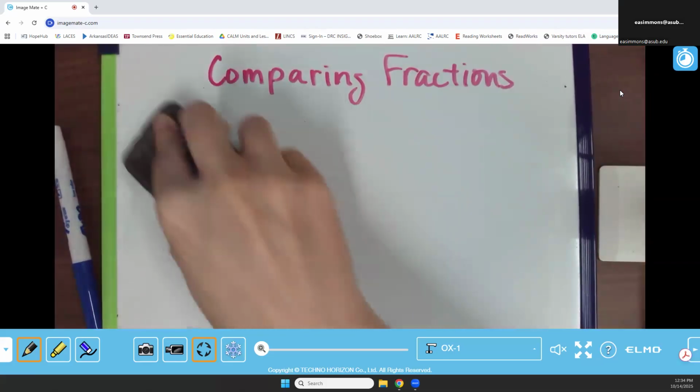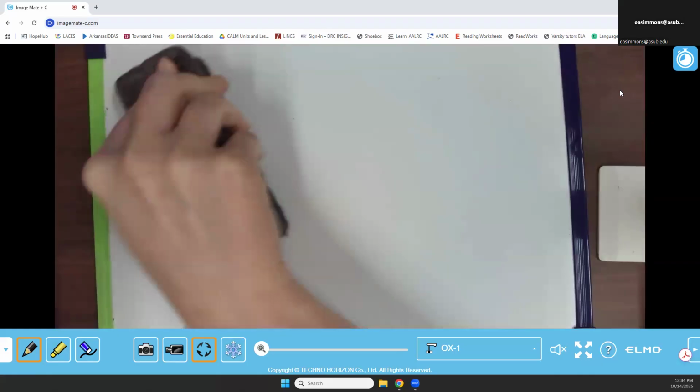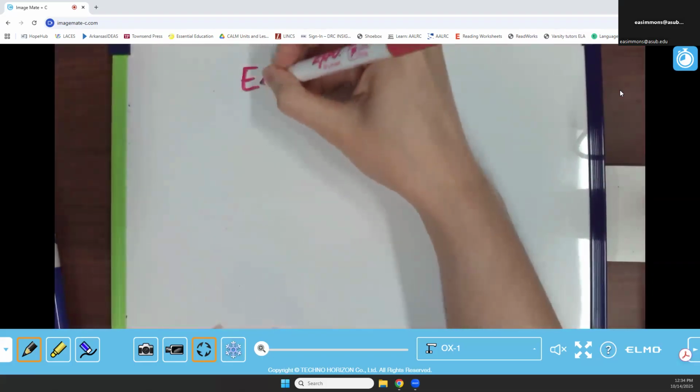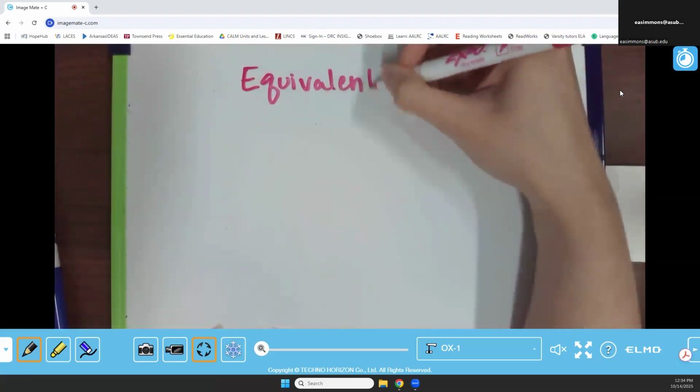We can also find equivalent fractions. Equivalent means equal.